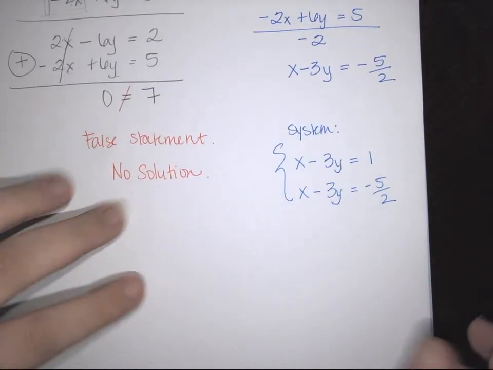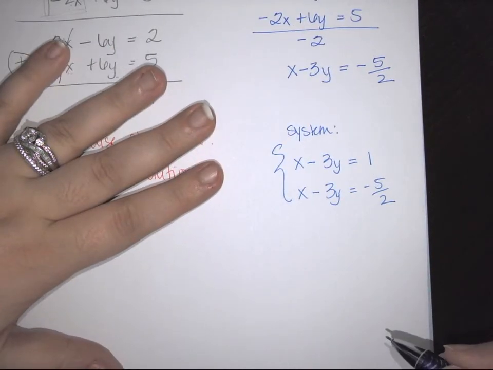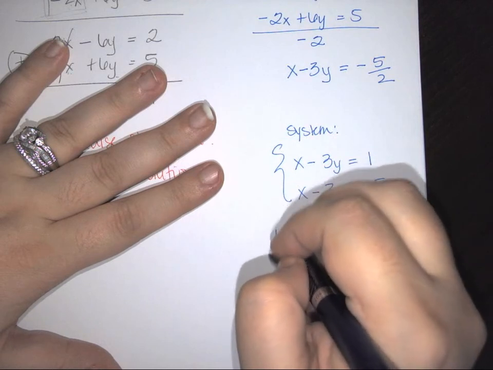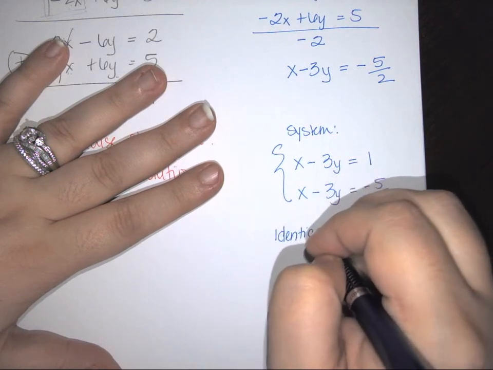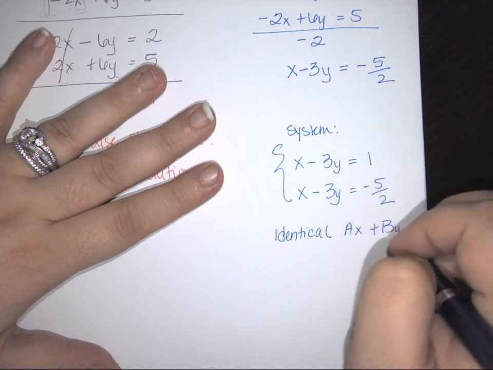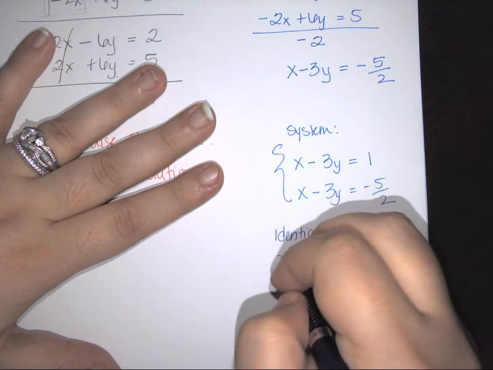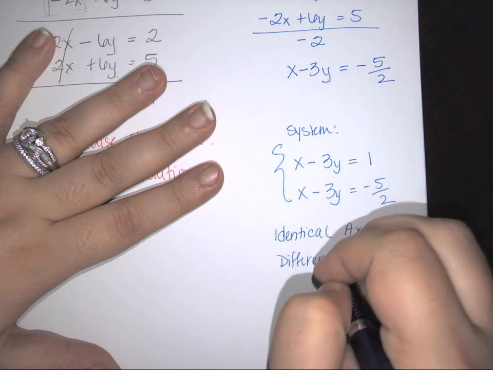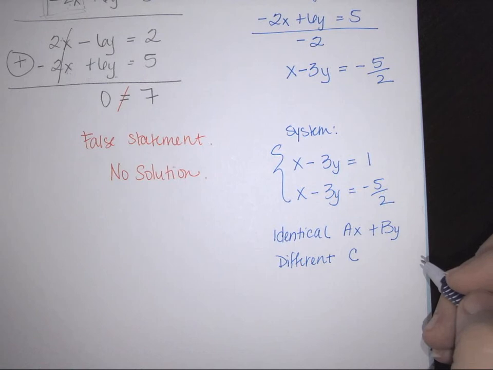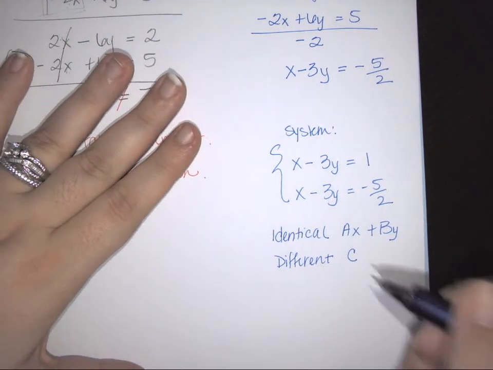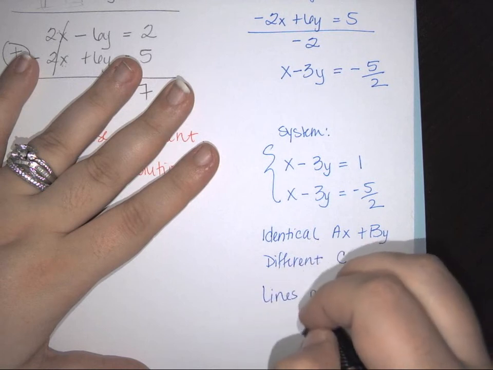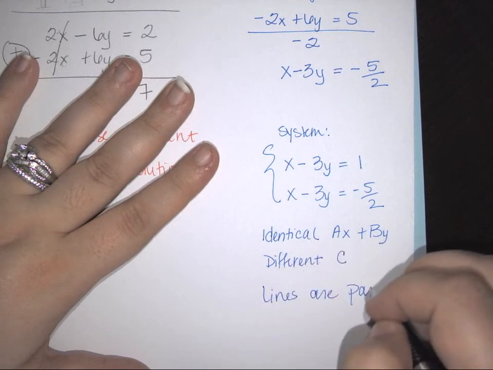If you look closely, what is this telling us? Well, this tells us I have the identical ax plus by part, but I have different c parts. Therefore, the lines are parallel.